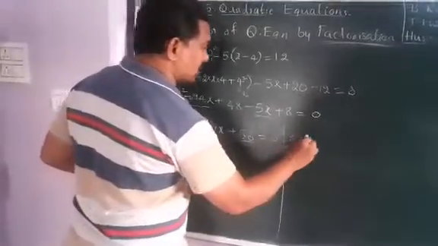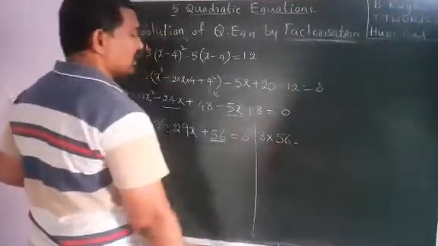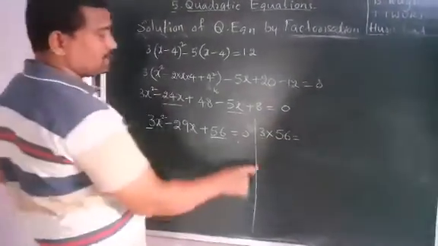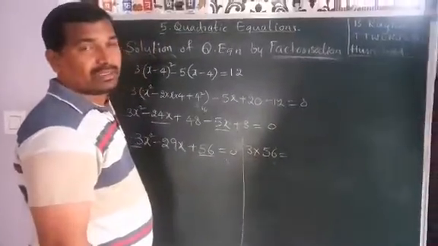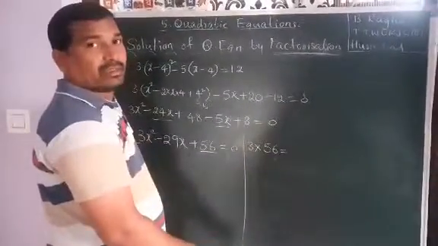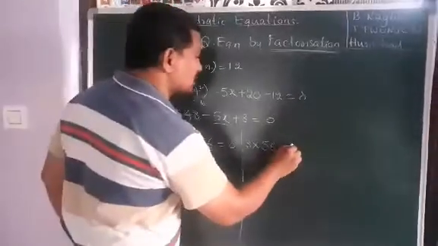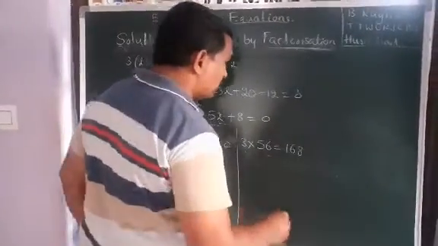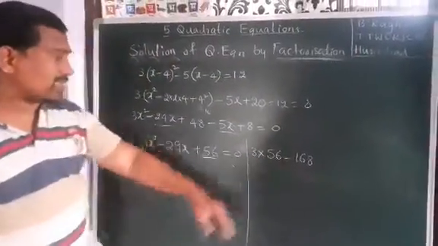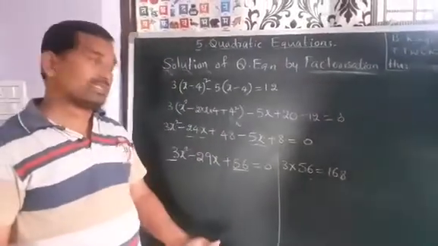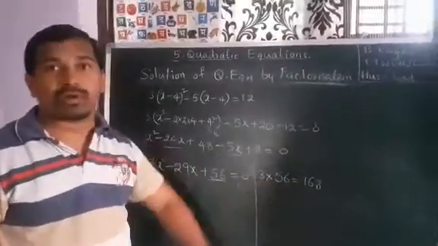Constant 56. 3 into 56. 3 5s are 15, 3 6s are 18. 150 plus 18, 168. If you are getting large numbers like this, you may not find the two products directly.